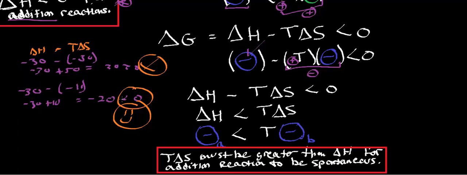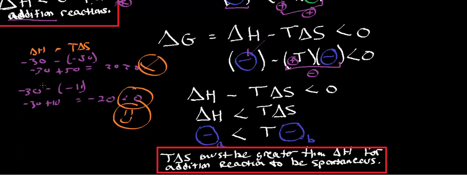So the rule in general is that ultimately T delta S has to be more positive than delta H. Notice in this case, negative 10 is more positive than minus 30. Therefore, it will proceed spontaneously as written. Okay?